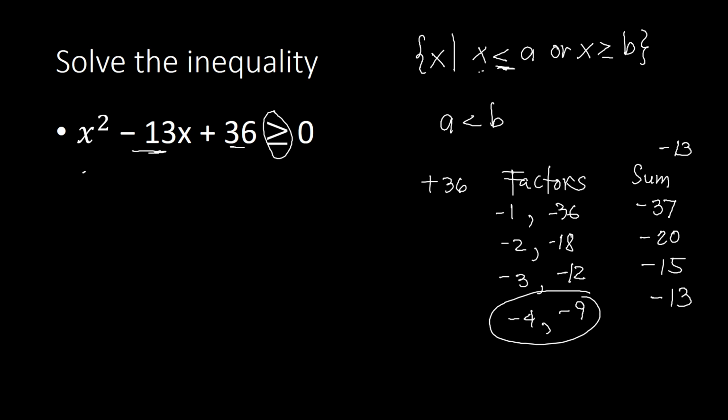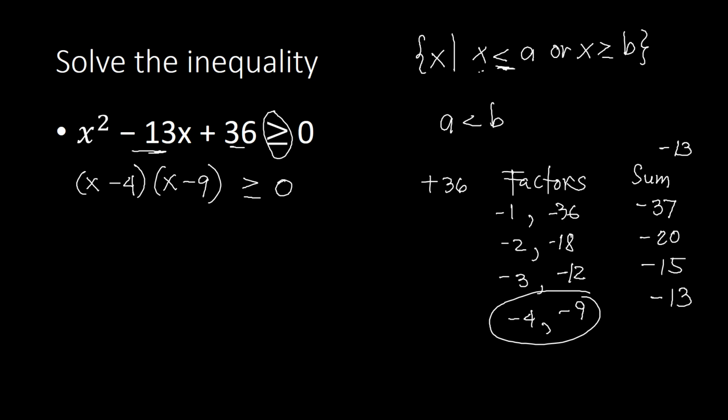We are now writing our factors by simply attaching them to x. We have x minus 4 and x minus 9, greater than or equal to 0. Again, we have x minus 4 times x minus 9.